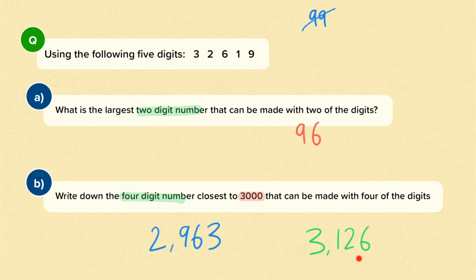But look, this number here is 126 away from 3,000, whereas this number here is only 37 away. So this blue number is very much the closest. So 3,126 is too far away. Very well done if you got that right. And remember, in these types of questions, it's really important to read the question properly. How many digits do they want your number to be?